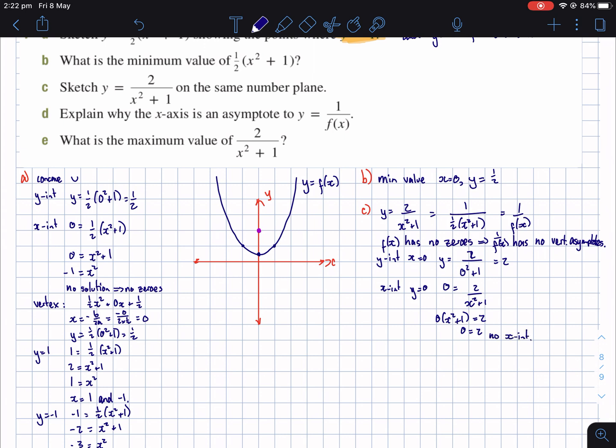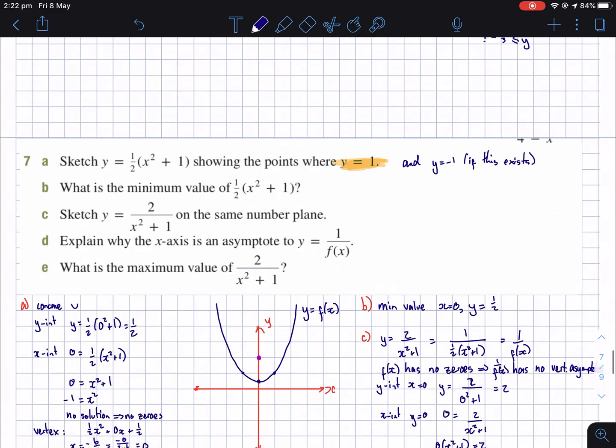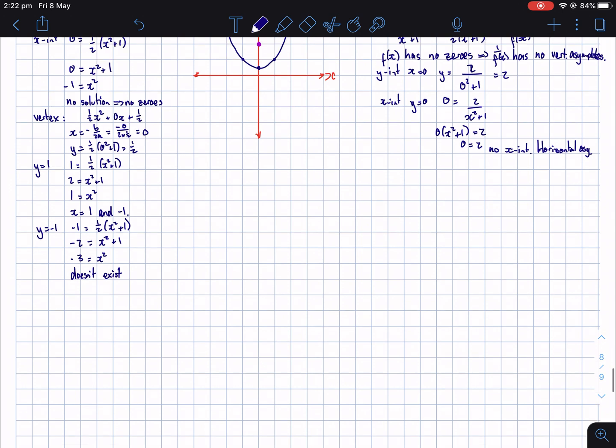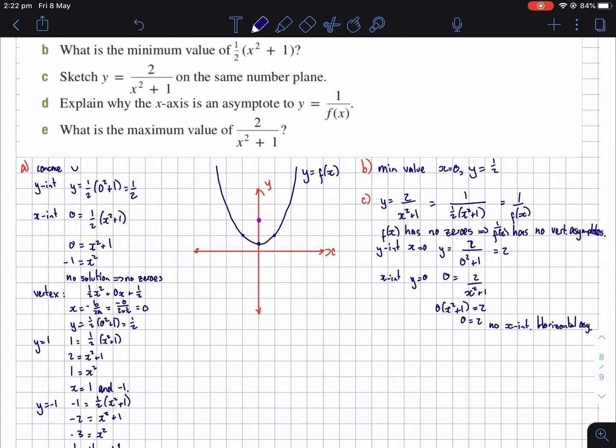Rather, we have a horizontal asymptote, which makes sense, because this is 2 on x squared plus 1, it's not 2 on x squared plus 1 plus 3 or something. So we're going to have a horizontal asymptote along here.